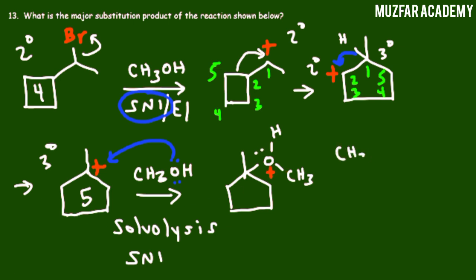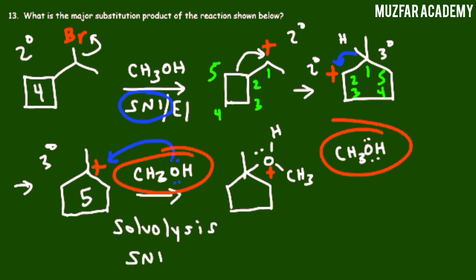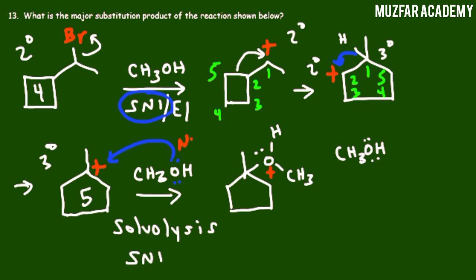Now the next step is going to be a proton transfer step, or an acid-base reaction. So notice the difference between how methanol is behaving in this step and how it will behave in this step. In this step, methanol is acting as a nucleophile. It's reacting with the electrophilic carbocation.